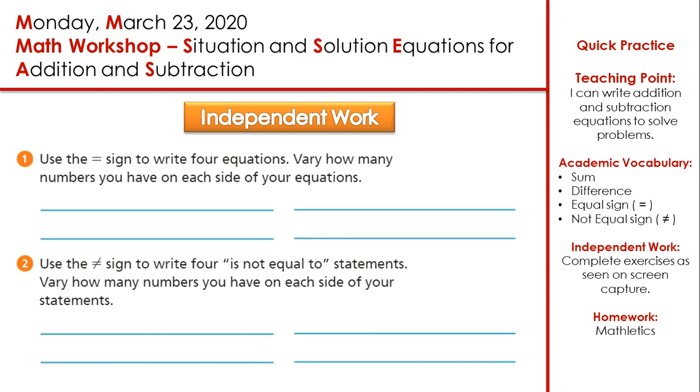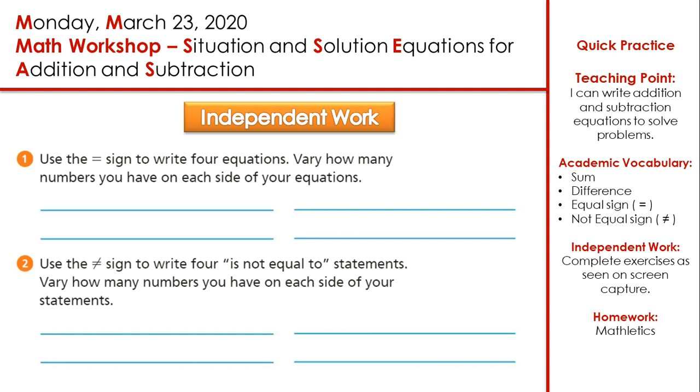And then on the right side, you're going to try the subtraction equations, and on the left, you're going to try 2 addition equations. That way you have 2 and 2. Right here, with the same math mountain that you created at first, you're coming up with this. The numbers are up to you. You're going to use the not equal sign to write 4 not-equal statements.